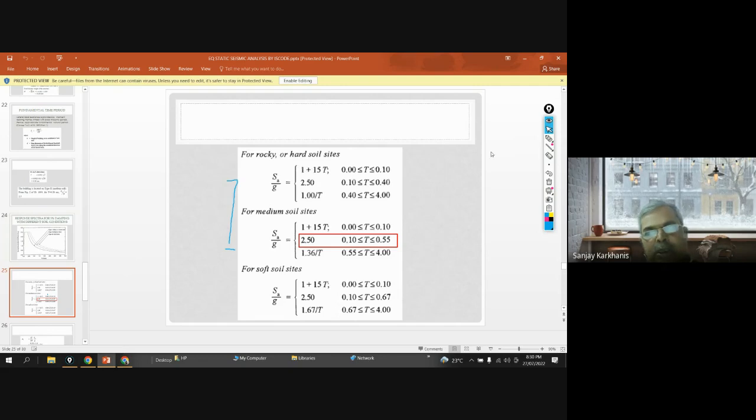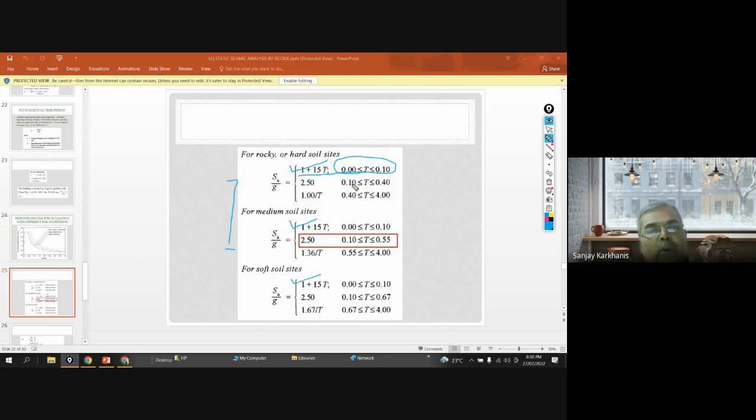Okay, so this is the equation for first, and the time period that you can get it over here. So if you have a T in between 0 and 0.1, then you can calculate with this formula. For medium soil, again the formula remains same, and for soft soil, again formula remains same, right?